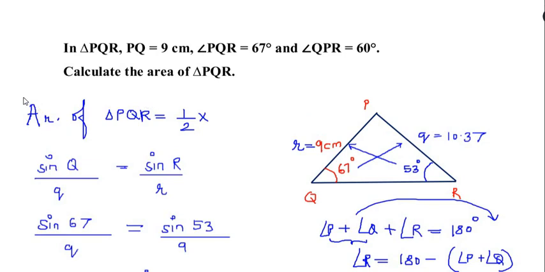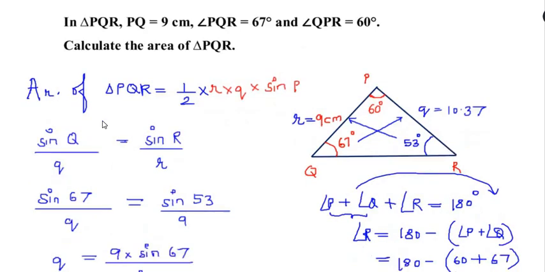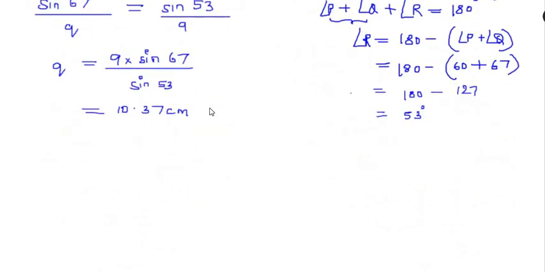Now coming back to finding the area of the triangle, it says that it is half times two sides and the angle in between the two sides. So this was 60 degrees. Now we have the two sides, R and Q, and the angle between the two, sine of P. Since we have all the terms now, we can find the area of the triangle. Let me write this down again.